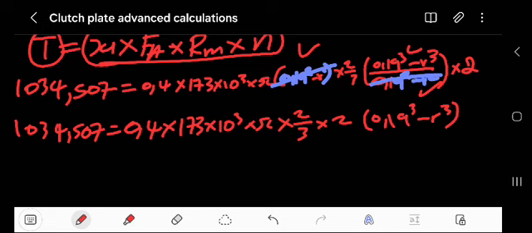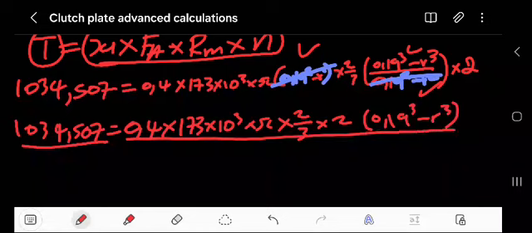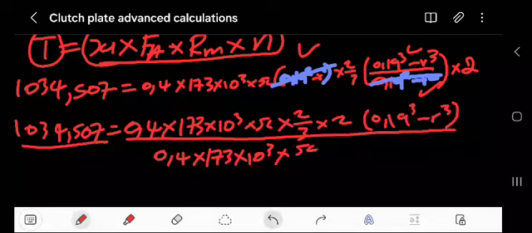It's fine. Then we'll divide both sides by all of this number, 0.4 times 173 times 10 to the power of 3 times pi times 2 over 3 multiplied by 2. Divide by this on both sides.